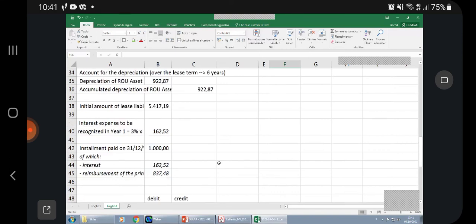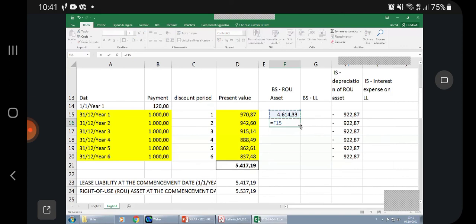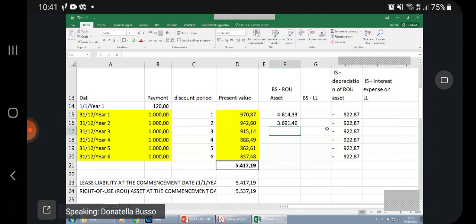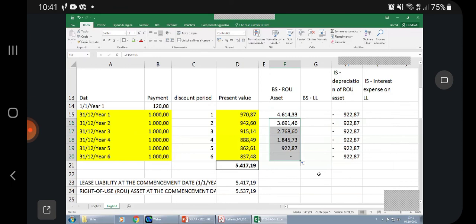At the end of each reporting period, we need to take into account another year of depreciation. And if you continue until the end, of course, at the end of year 6, the right of use asset is equal to 0 because it is completely depreciated. Is this clear for everybody?